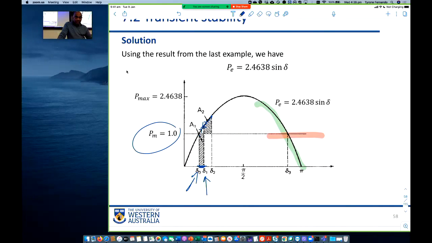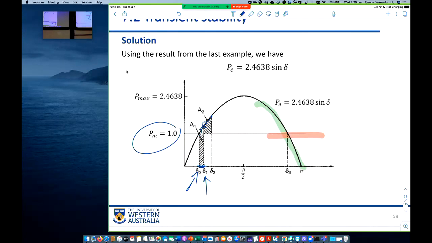So the angle has to reduce, so it will oscillate about that original operating point and it will settle at the original operating point. Understand?